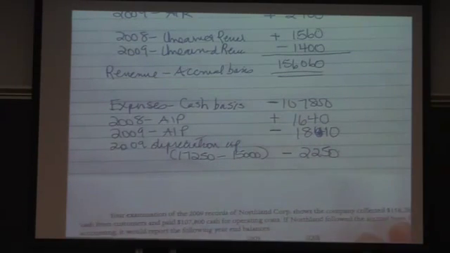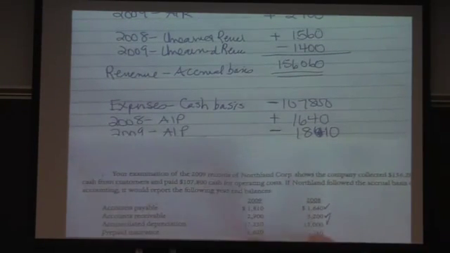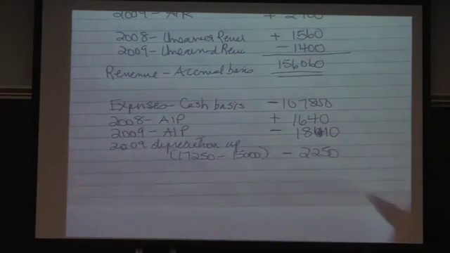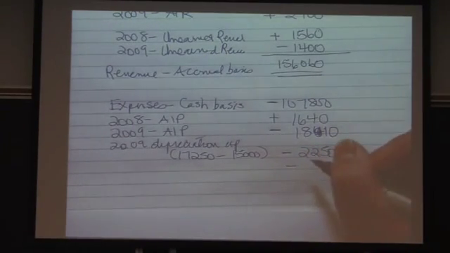Next is prepaid insurance. So prepaid insurance states that we had 1,330 of prepaid balance at the end of 2008, and presumably because it's a current asset, those 1,330 would have been expensed in 2009. So we're going to subtract 1,330.